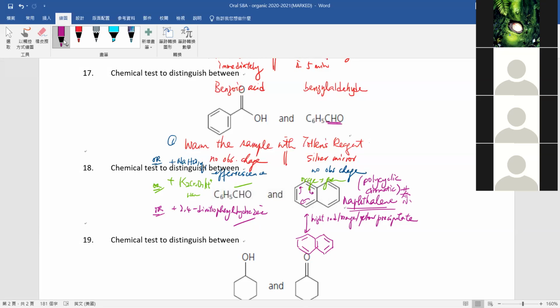So, I give you a very important hint. How to distinguish the two? Can we use bromine in organic solvent and test it for a positive result? The answer is no. Okay, why not? Because this substance is aromatic.